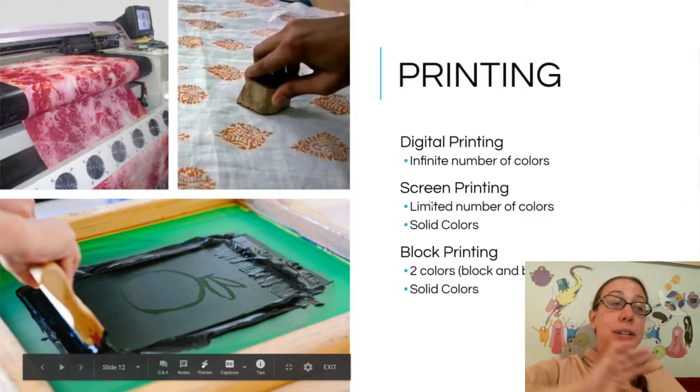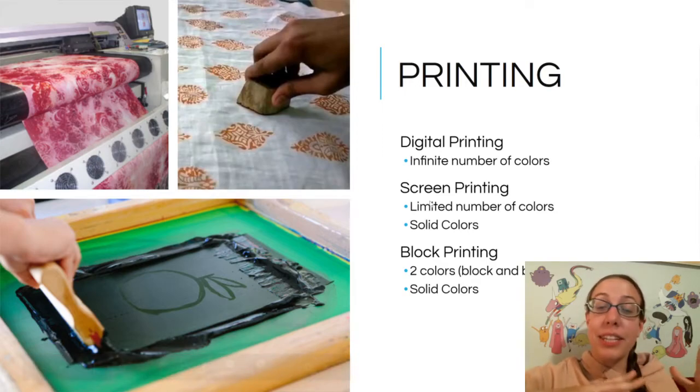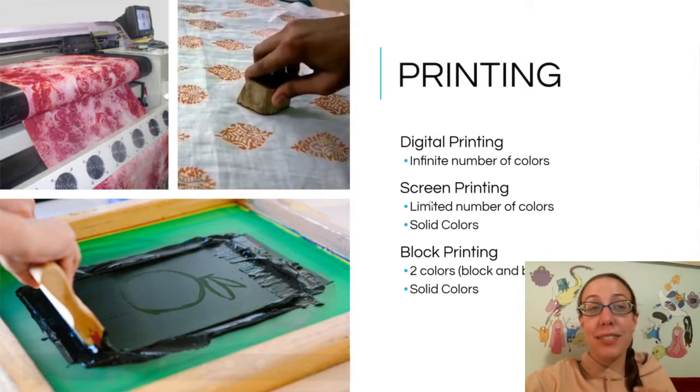And so when we ask you to do these assignments where we're limiting the number of colors, that's because textile industry standards still suggest that you limit colors in designs because it makes them able to be printed on more options, right?